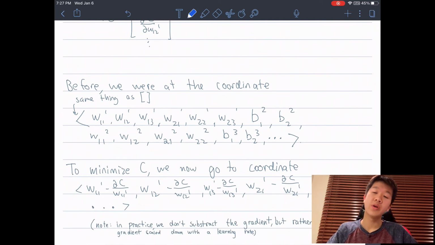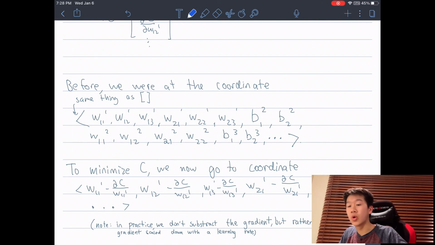And then we know that to minimize C, because this is just like any other regular function, we can just go to the coordinate minus the gradient. So W111 minus that partial derivative, del C over del W111, then W121 minus del C over del W121, then W131 minus del C over del W131, then W211 minus del C over del W211.